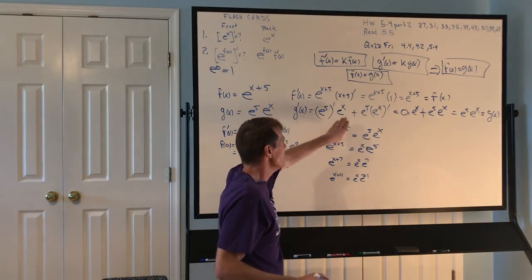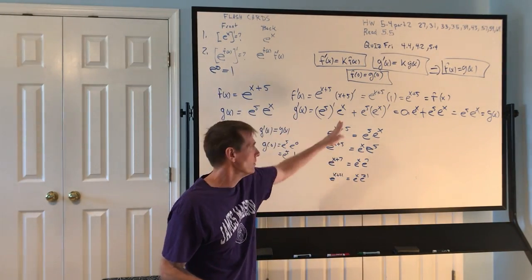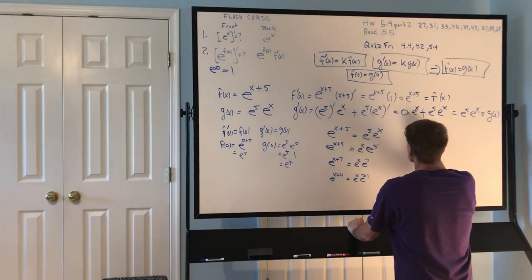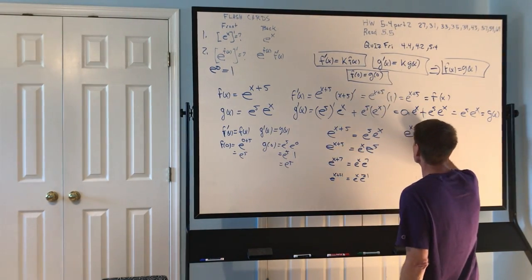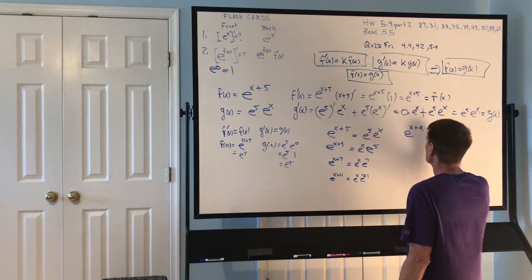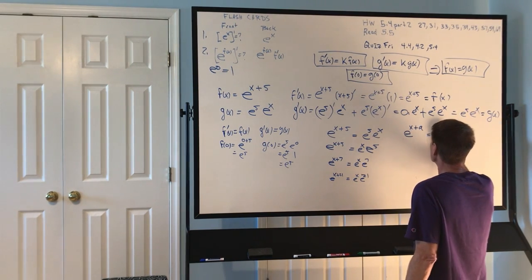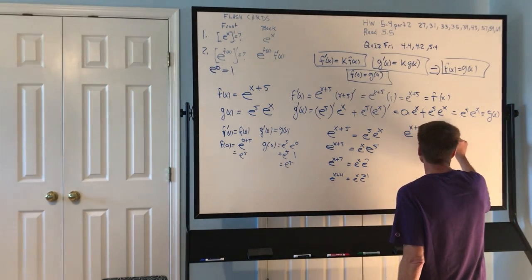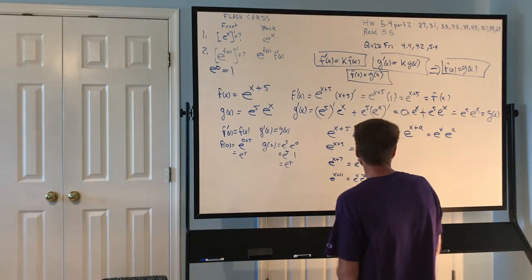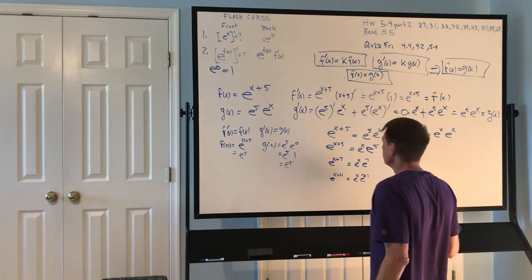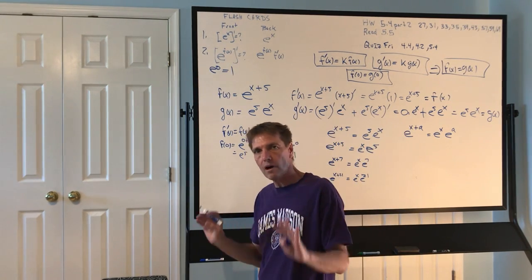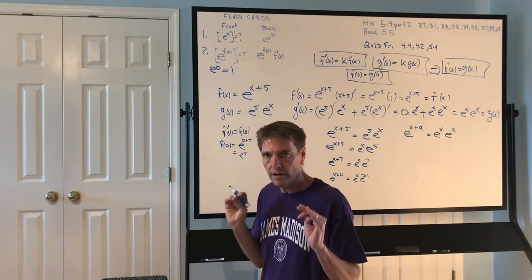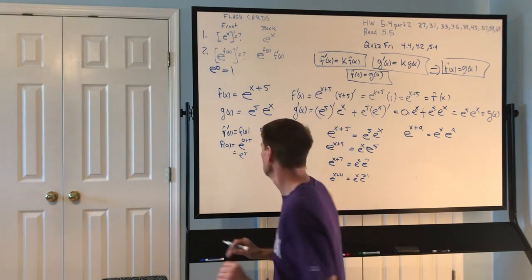In fact, for any real number, e to the x, let's just call the other real number a, we can argue is equal to e to the x times e to the a. And this is our first major property, the algebraic major property of the exponential function.